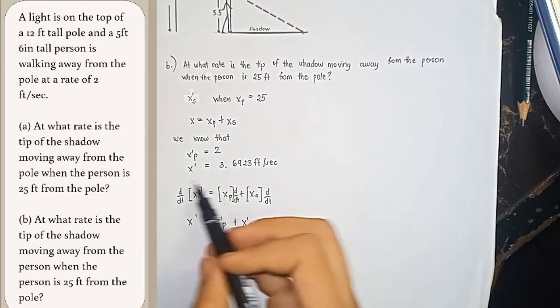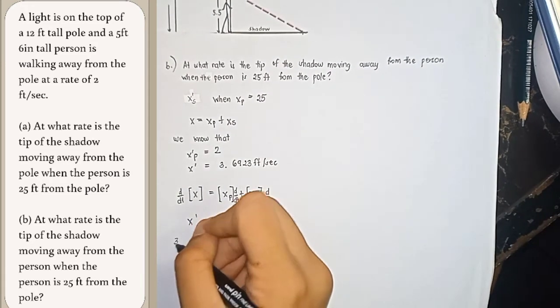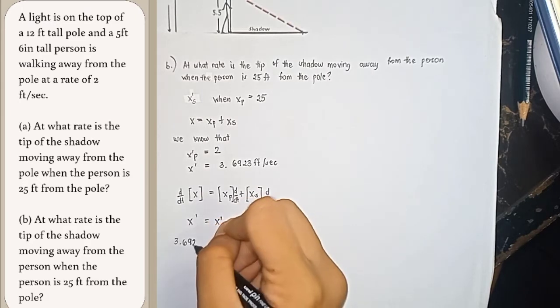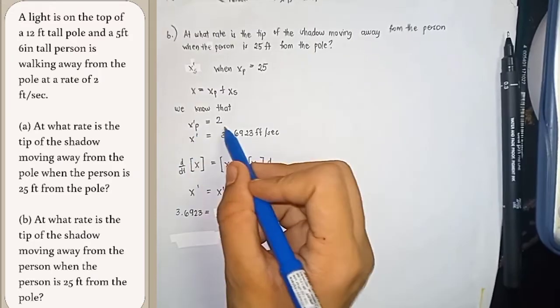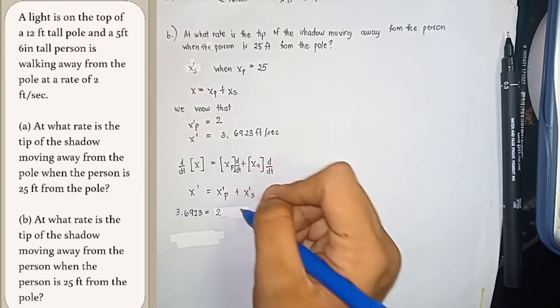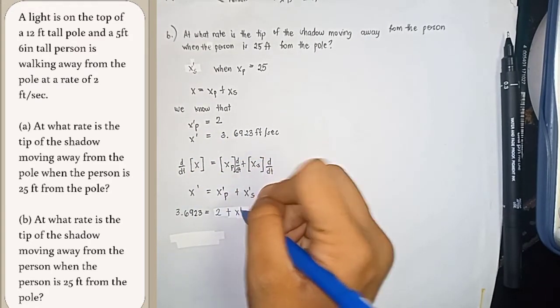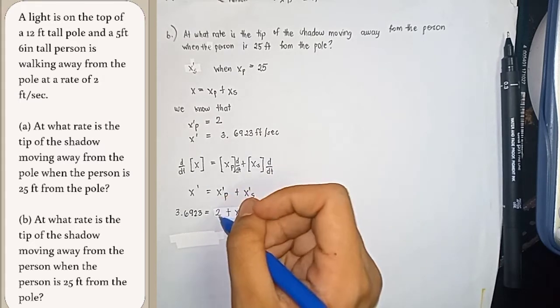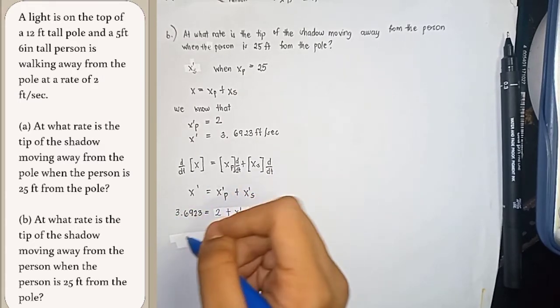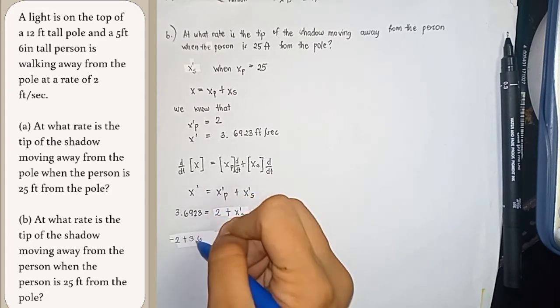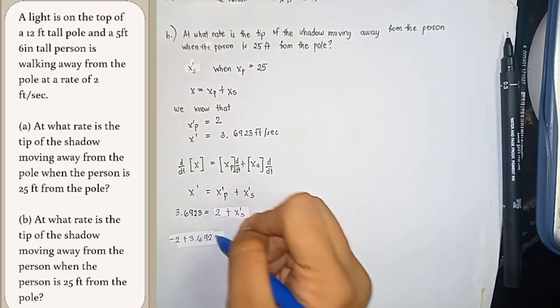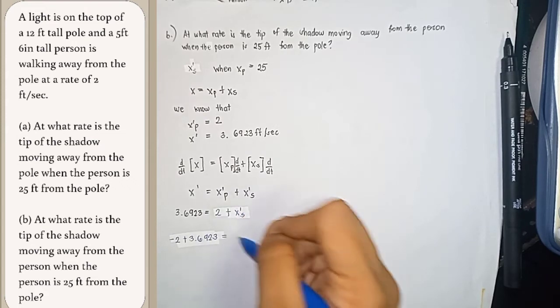Then we will now plug in all the known quantities. x prime is equal to 3.6923, x prime sub p is equal to 2, plus x prime sub s. To get the value of x prime sub s, we need to transpose 2. So that will be negative 2 plus 3.6923 is equal to x prime sub s.